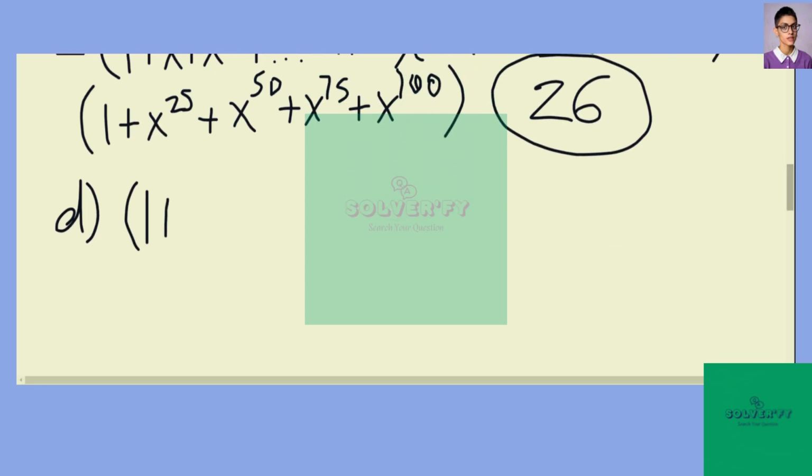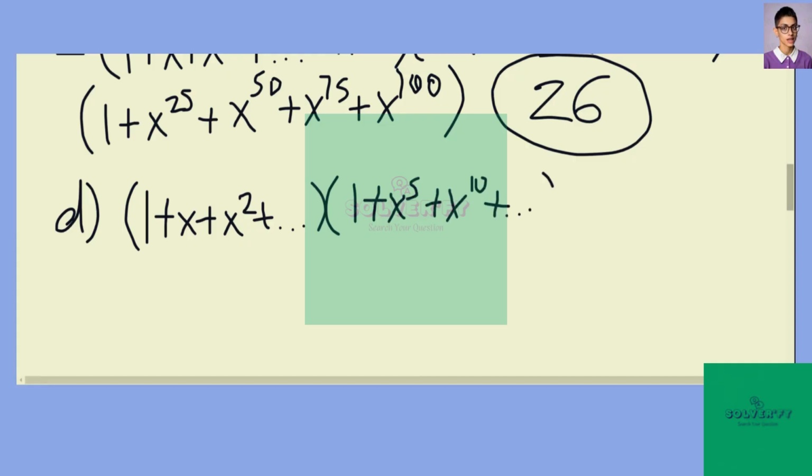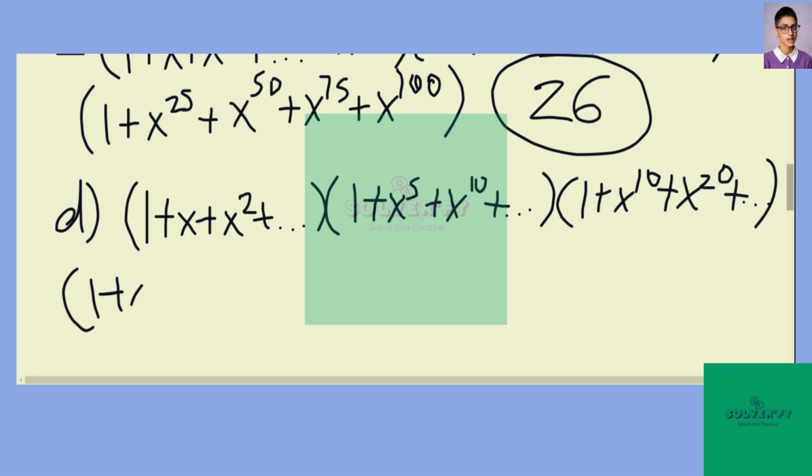For pennies, we have 1 plus x plus x squared, and so on. For nickels, we have 1 plus x to the 5th plus x to the 10th, and so on. For dimes, we have 1 plus x to the 10th plus x to the 20th, and so on. And for quarters, we have 1 plus x to the 25th plus x to the 50th, and so on.